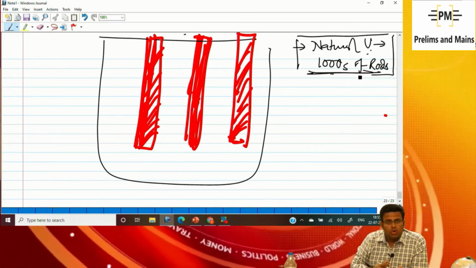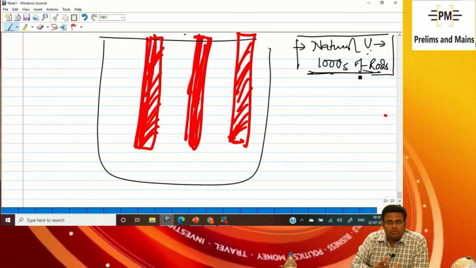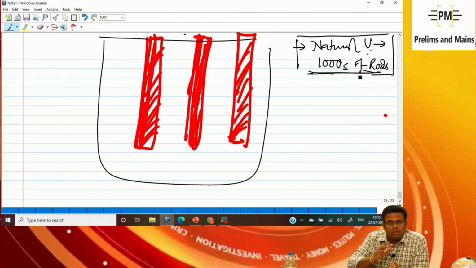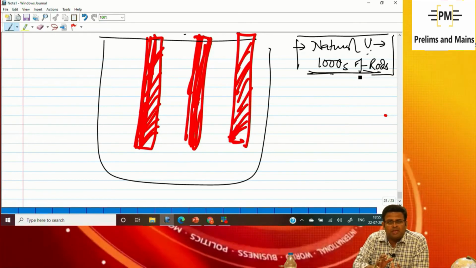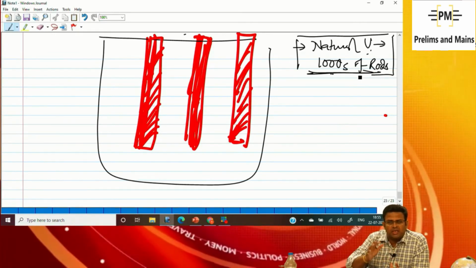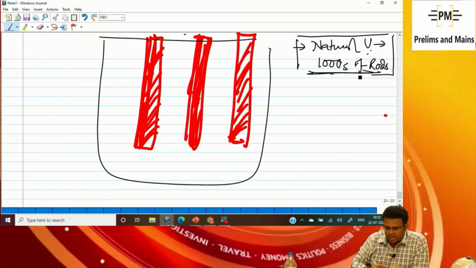Clear? So uranium-235 will be more than critical mass, meaning it can easily disintegrate, and the reaction goes on for a long time.